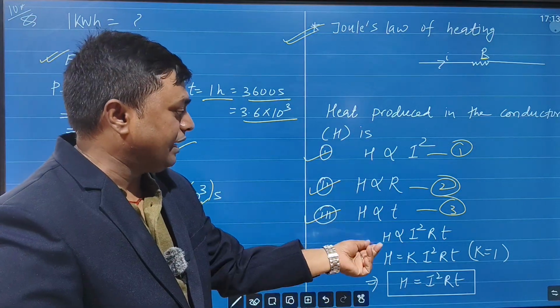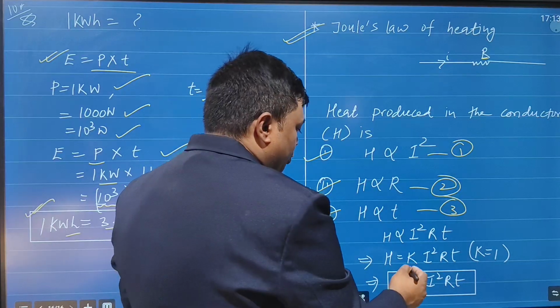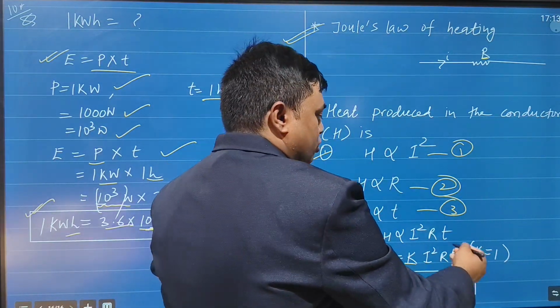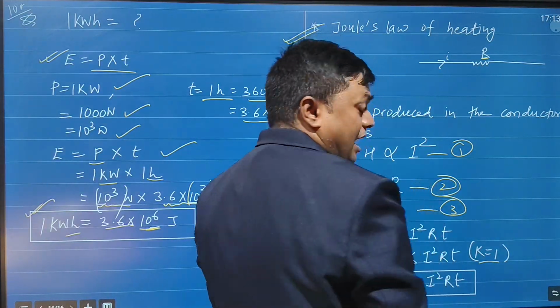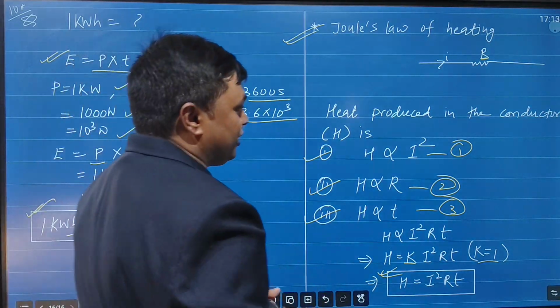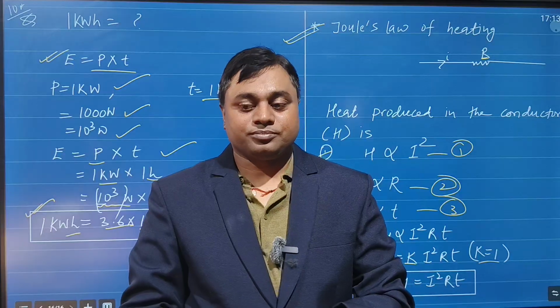So once you combine, we can write H directly proportional to I square RT. Once you remove the proportionality, you have to put a constant K. So H is equal to K into I square RT. K value you can assume as 1. H is equal to I square RT. Yes or no? SI unit of heat is what? Joule only.